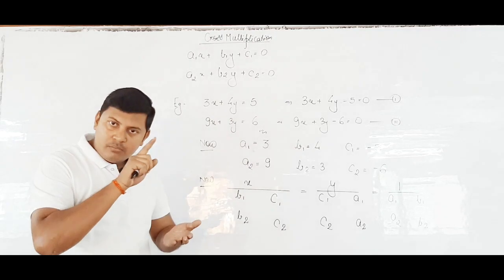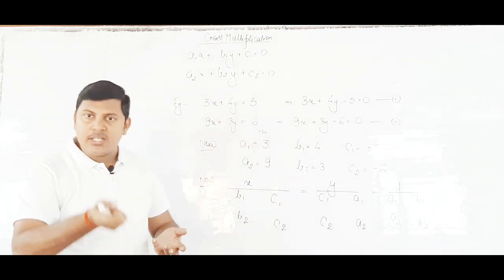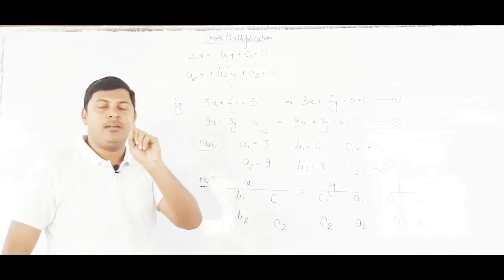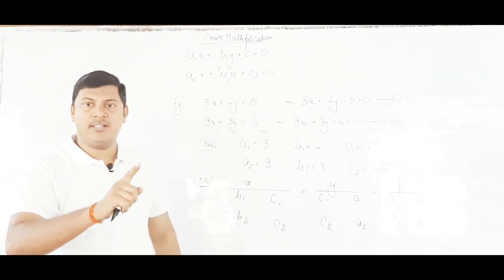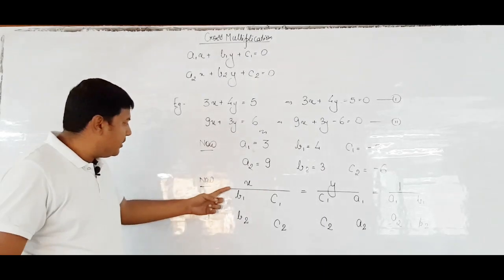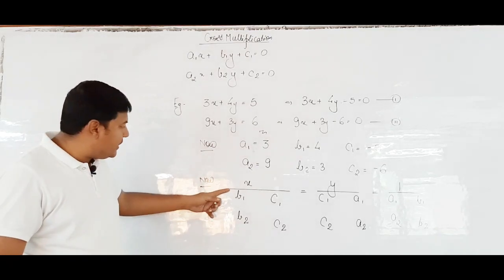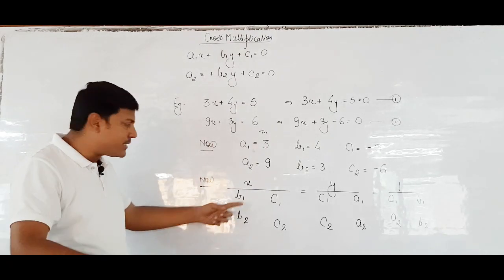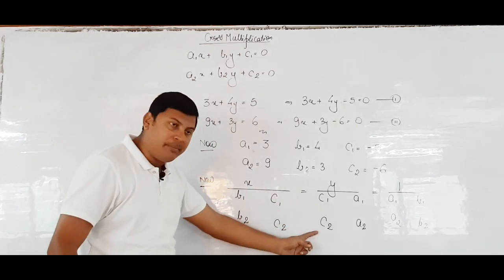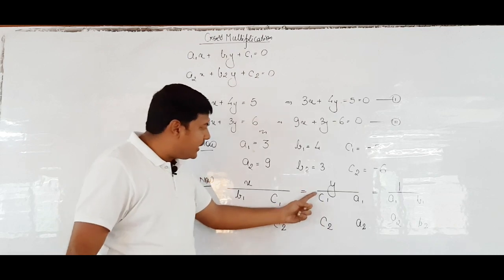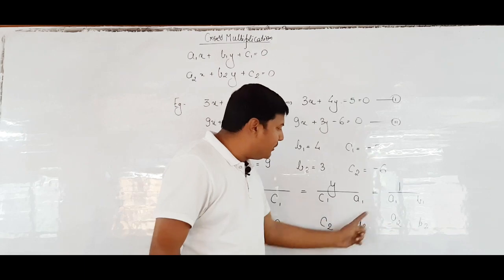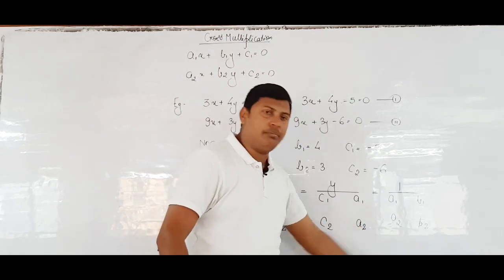B comes after A, C comes after B and A comes after C. Got it? So we'll start from B: B1, B2. After B it's C1, C2. After C, C1, C2 will be repeated once again, then A1, A2. Now A1, A2 will be repeated once again and then B1, B2.